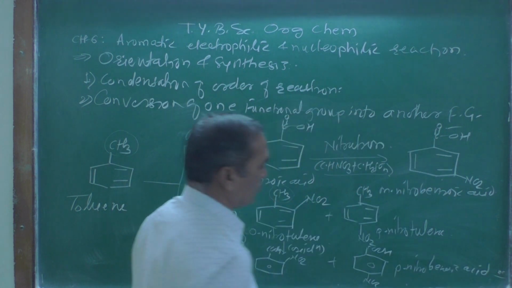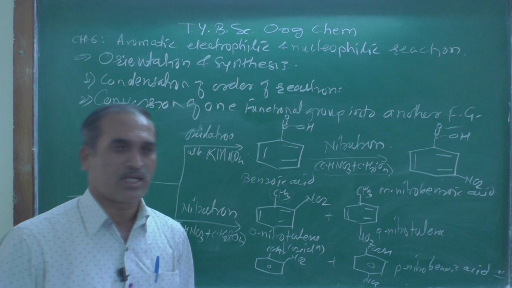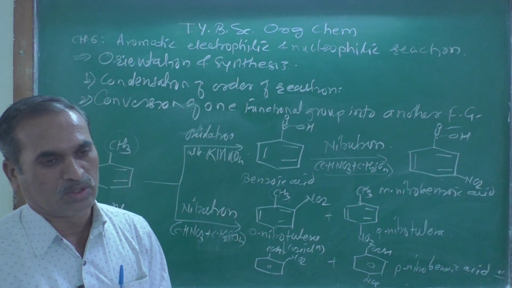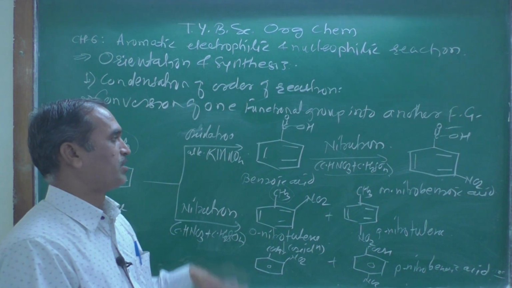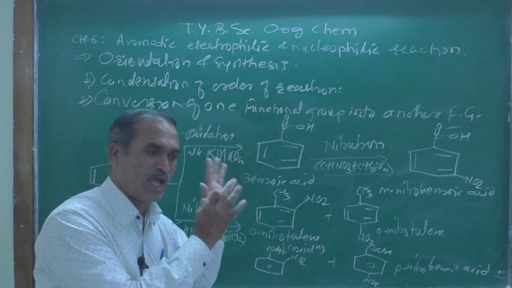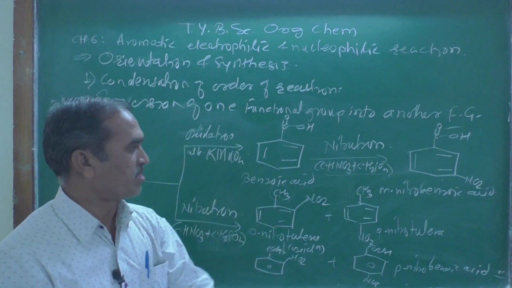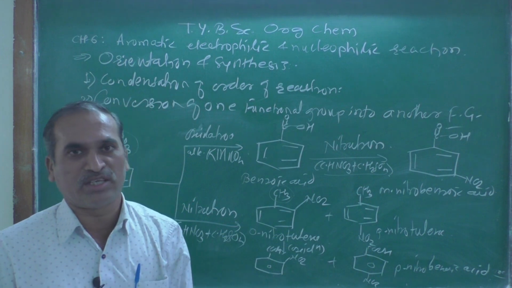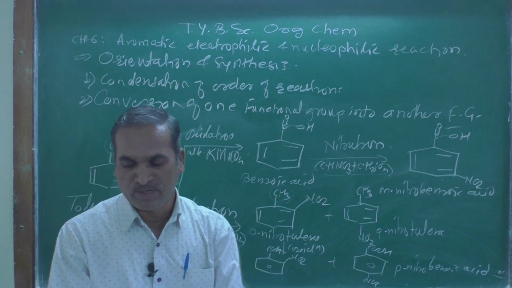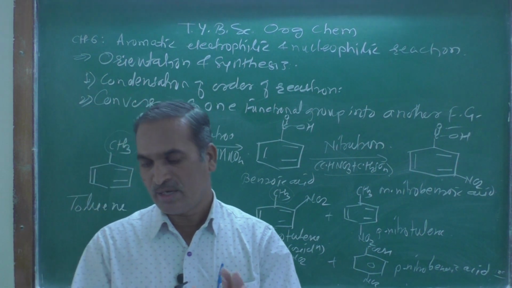This is the product we are going to get. So depending upon which product you want to prepare, accordingly you can plan your synthesis by following this order, and you will get the desired product.